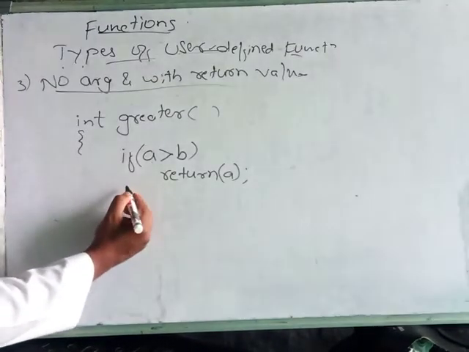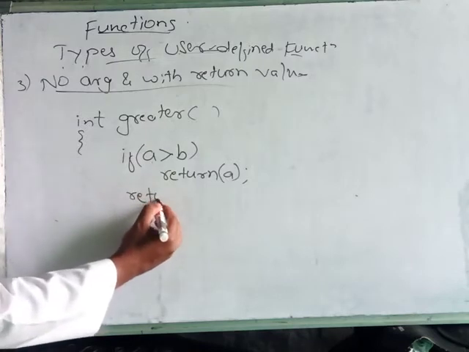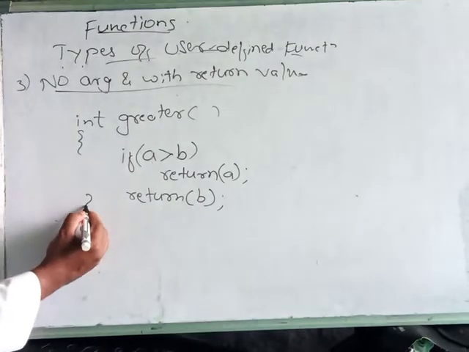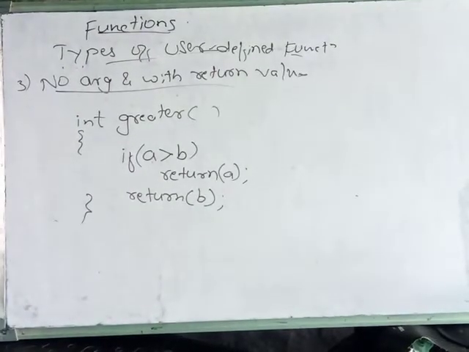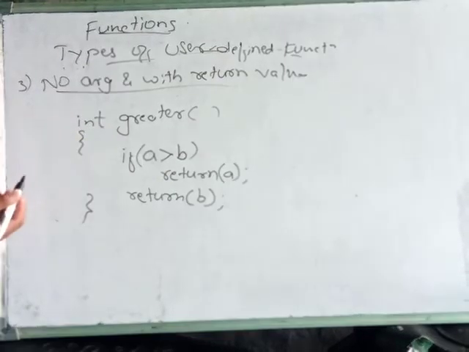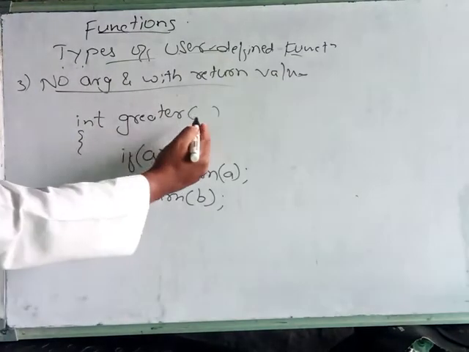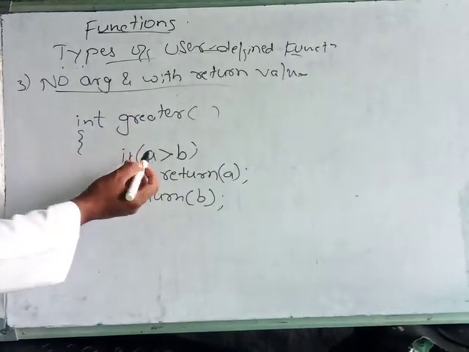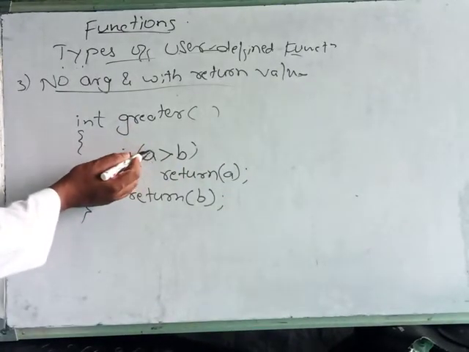Return b. See, in this program, the return type of the function is int. There are no parameters passed here. Within this function it directly uses the variables without parameters.